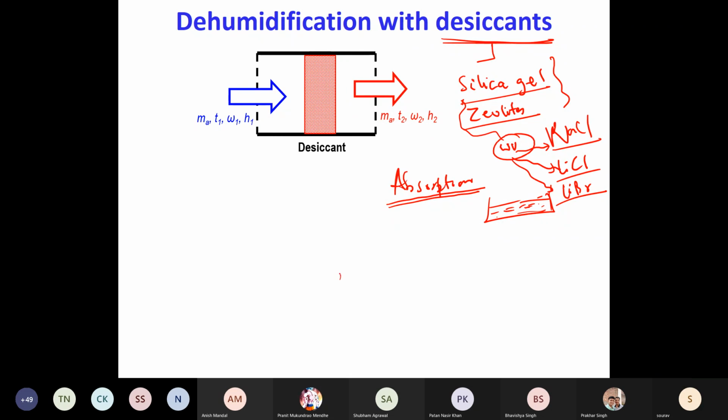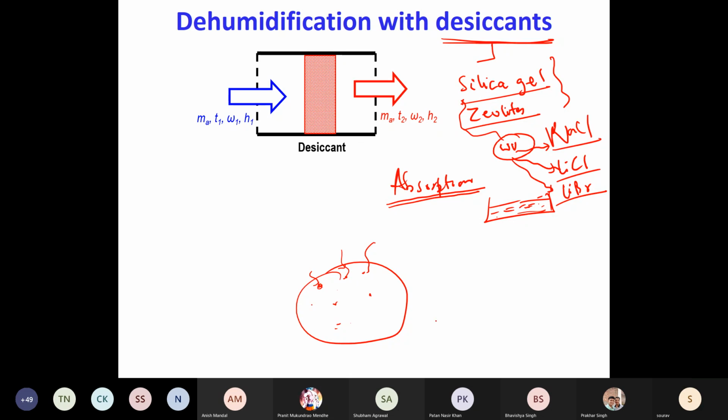People will say that silica gel granules have a lot of pores into which the water vapor enters and gets absorbed. But the absorbed phase is actually like liquid, and that's why it occupies less volume, and even in the small pores the mass of water that gets absorbed is quite high.